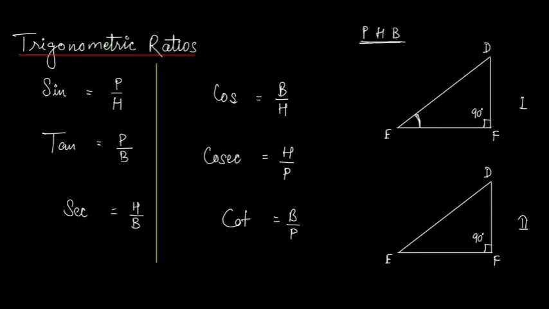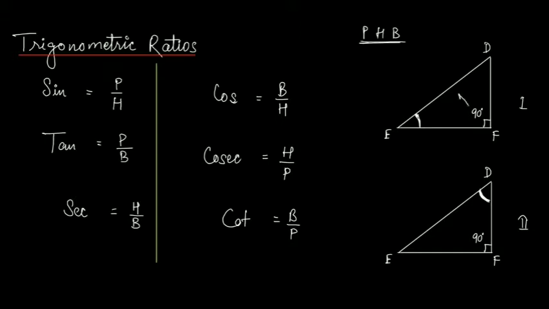In front of you, 2 triangles are given. First is DEF and second is also DEF. We will take different angles and find the ratios for them. What is the trick I described to you?